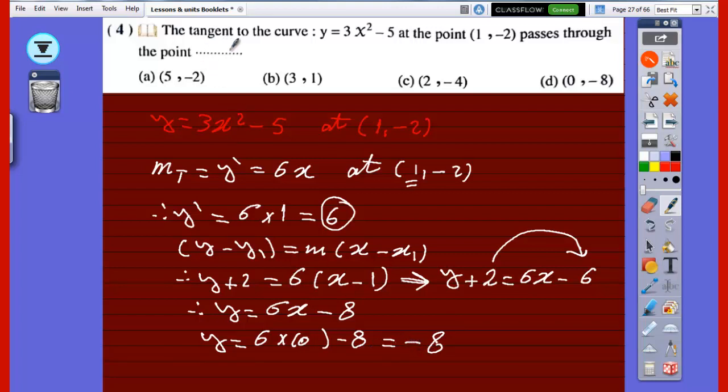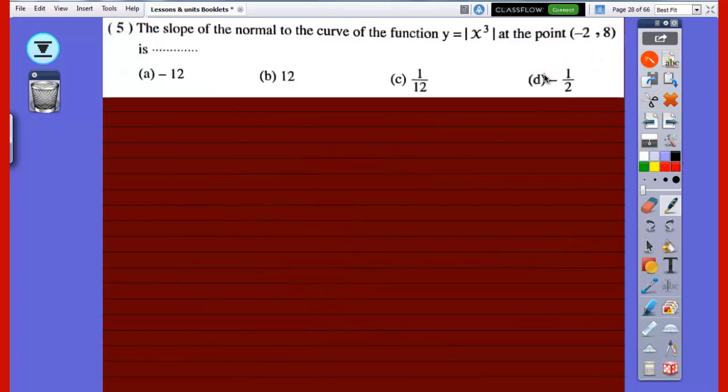So the tangent to the curve y equals 3x squared minus 5 at the point (1, negative 2) goes through the point (0, negative 8). So the required point is (0, negative 8), and we will choose letter D.